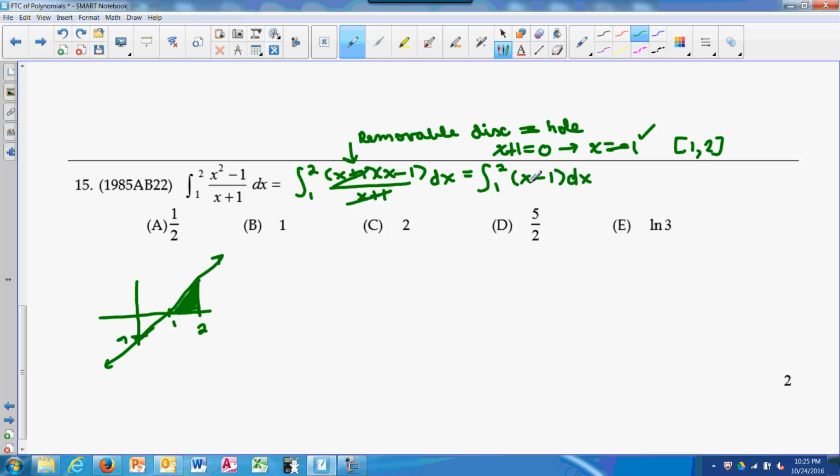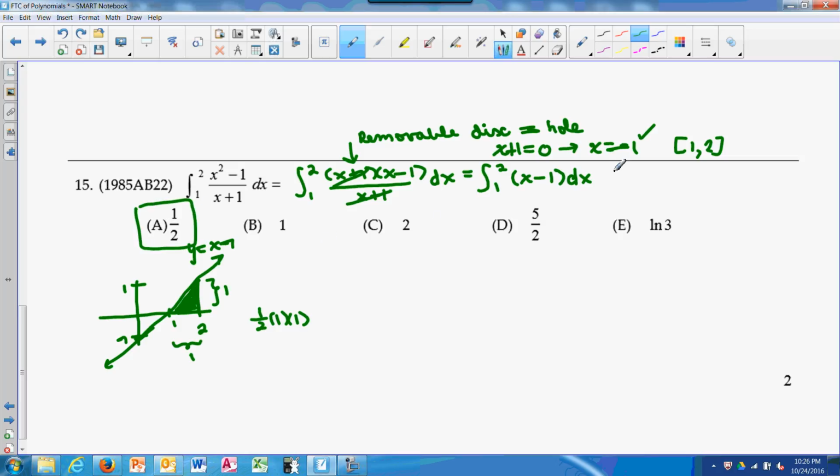And notice we're integrating x minus 1. So if I were to look at this curve, y equals x minus 1 is the curve, then I'm finding the area under. At x equals 2, the y value would be 1. At x is 1, the y value is 0. I have a base of 1 and a height of 1, and this is just a triangle. So 1/2 base times height. The answer is 1/2.